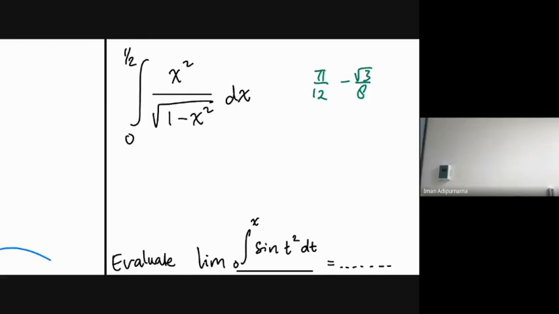Okay, so let me just write this first: sine squared theta, and then cos theta d theta over cos theta. 1 minus sine squared is cos squared, so the root is cos theta. And you have this sine squared theta d theta, but you need to see the limits first.